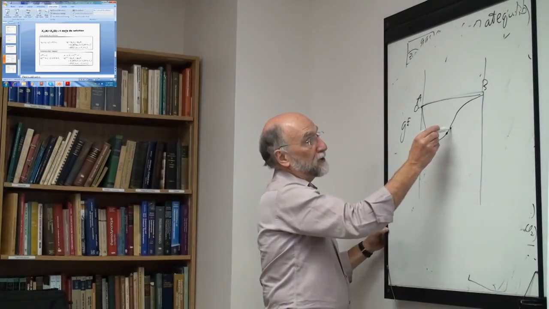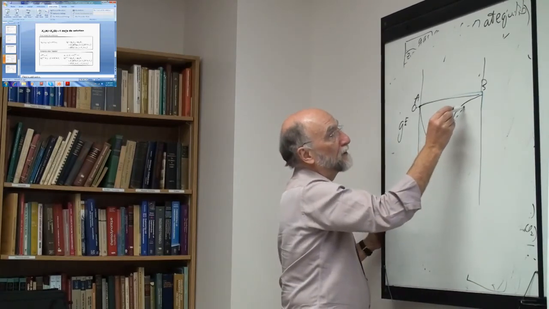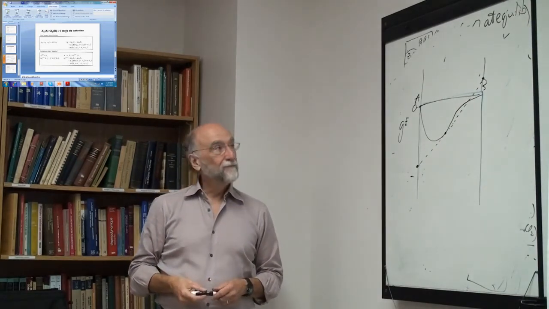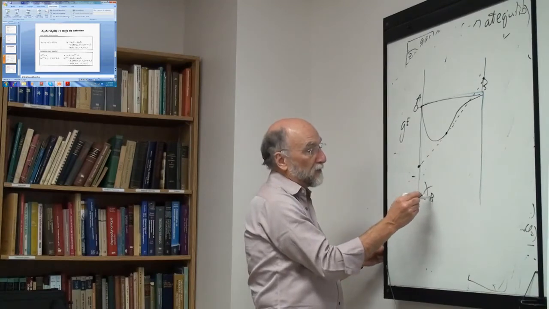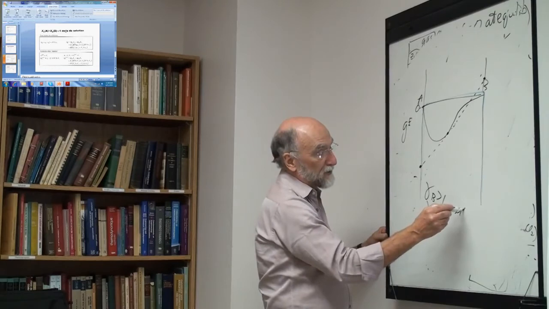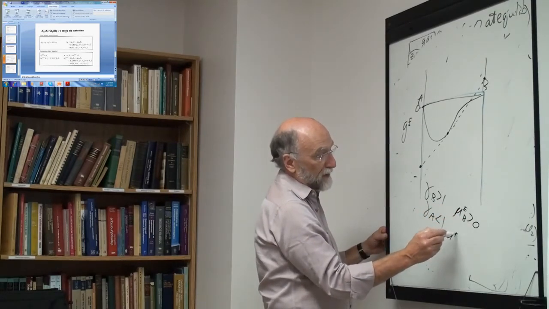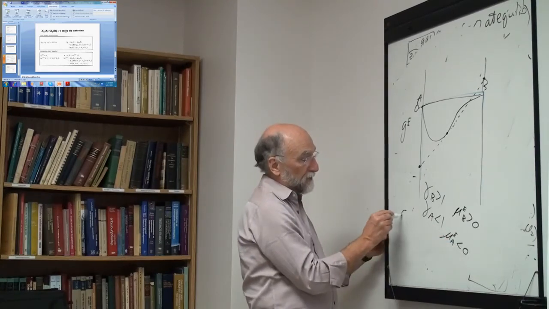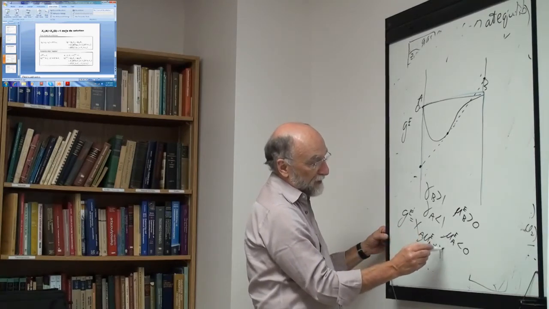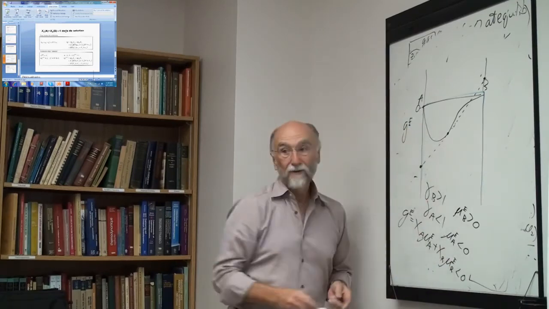But if I take a tangent at this point here, this is G XS of A, which is negative, but we could end up with a positive G XS of B. So in other words, gamma B would be greater than 1, gamma A would be less than 1, or mu XS of B is greater than 0 and mu XS of A is less than 0, but G XS, which is X A mu XS of A plus X B mu XS of B, is negative in this particular example.